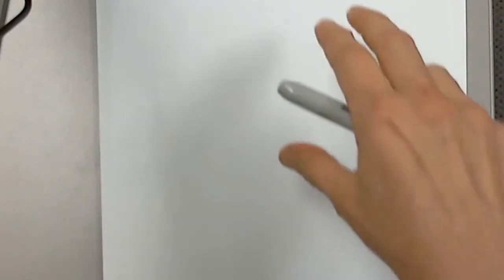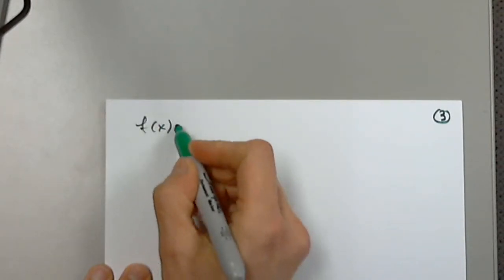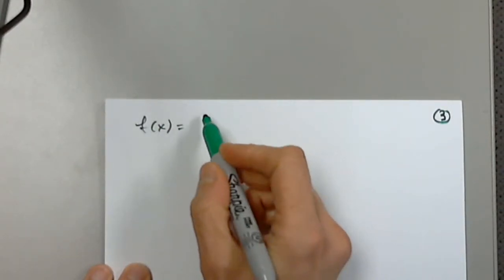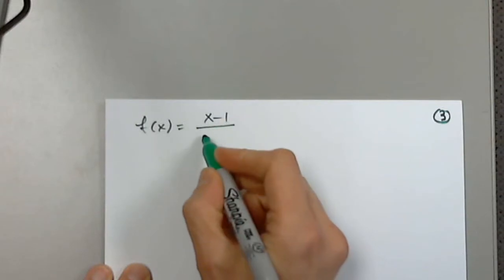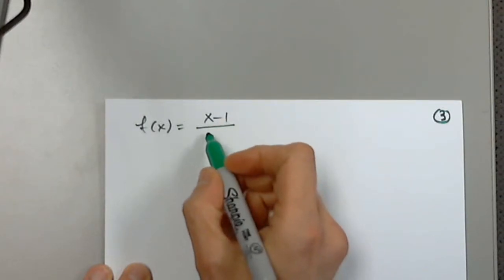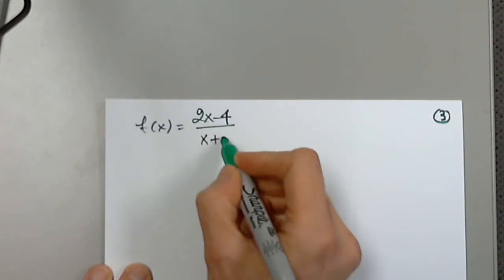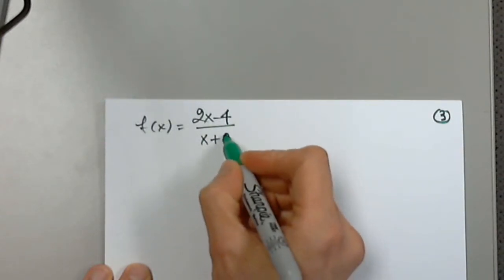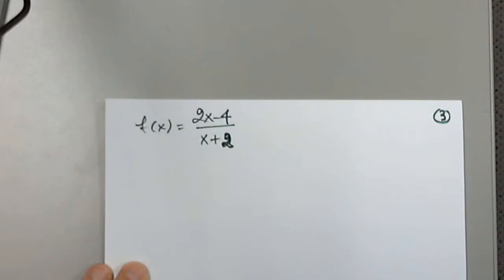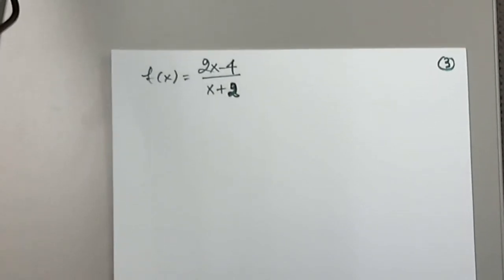I'm going to start with a type 1. Here's a type 1. Let's say f of x equals x minus 1 times 2x minus 4 over x plus 2.